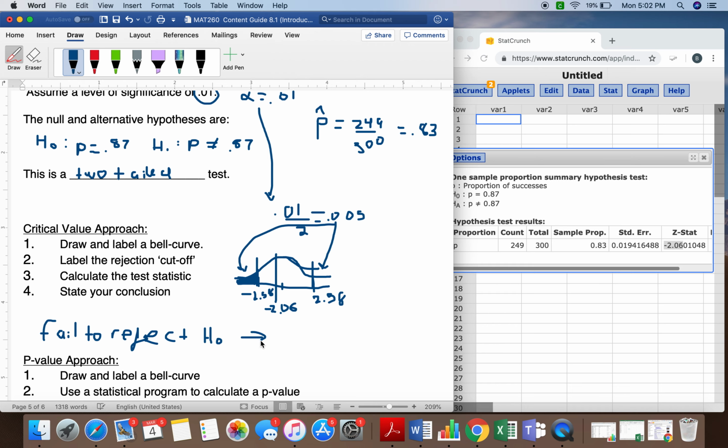And putting this in real words, failing to reject the null means we do not have evidence to reject the claim that we set up here.